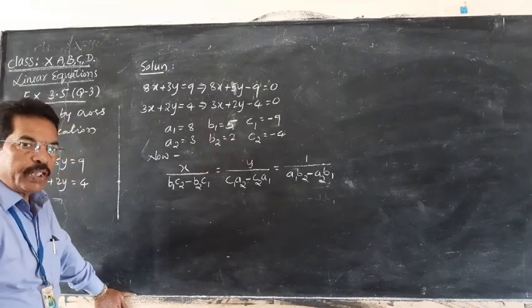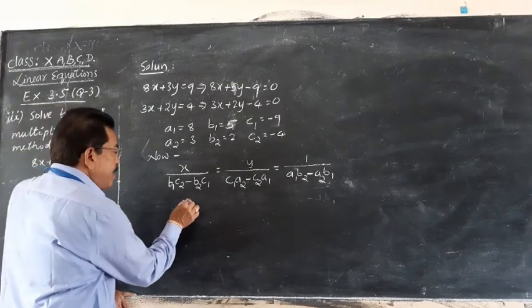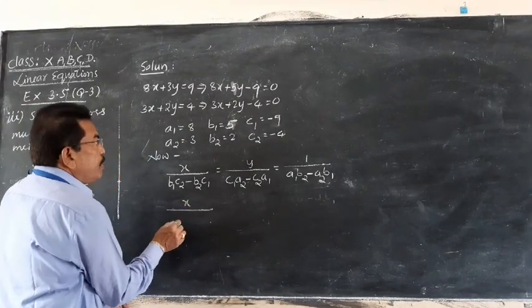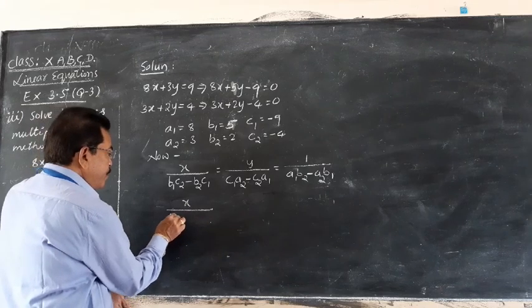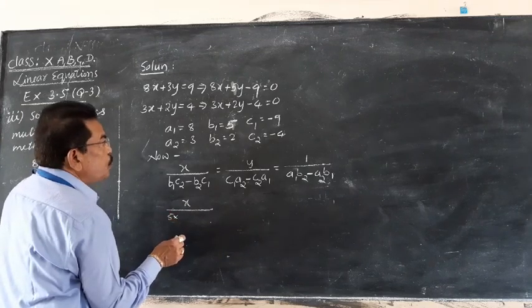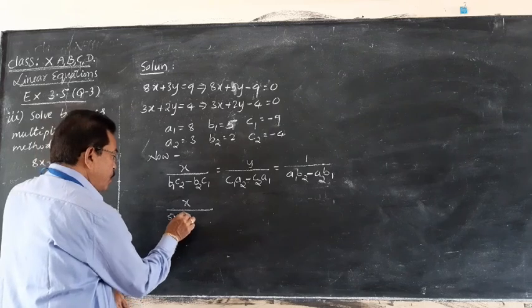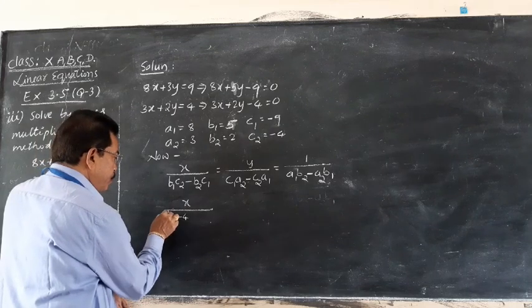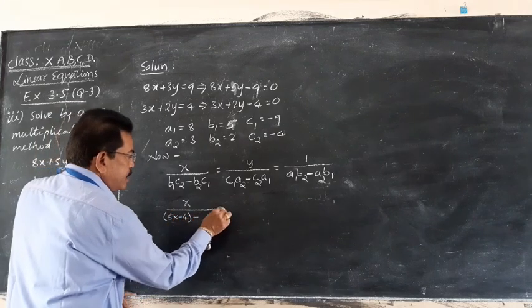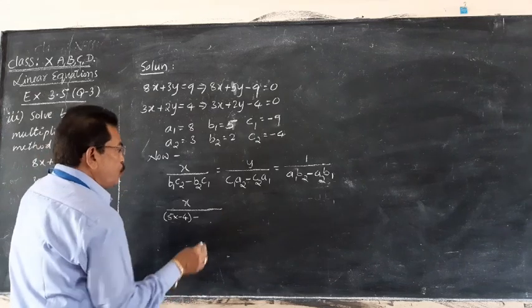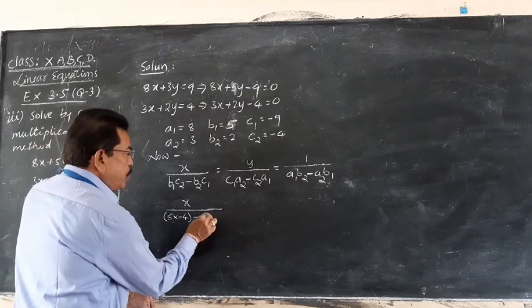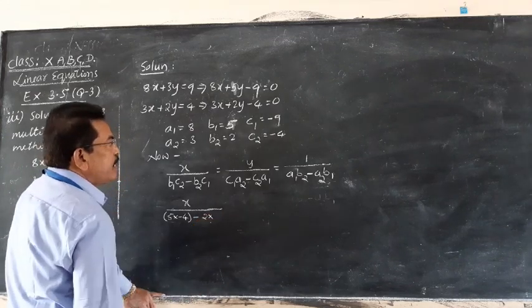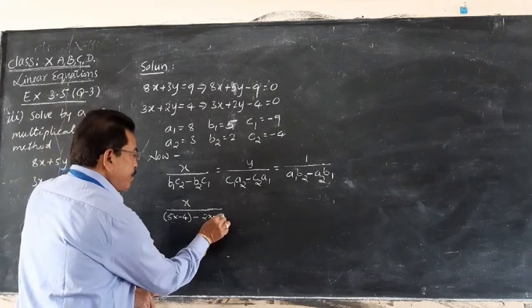Then substituting the values, x divided by b1 is 5 into c2 is minus 4 minus b2, that is 2 into c1, that is minus 9.